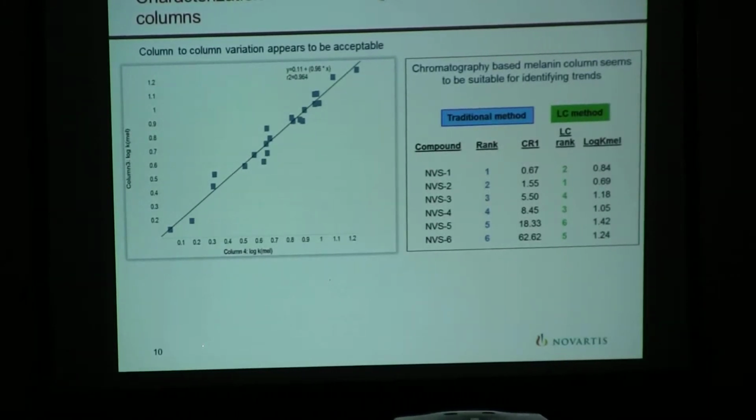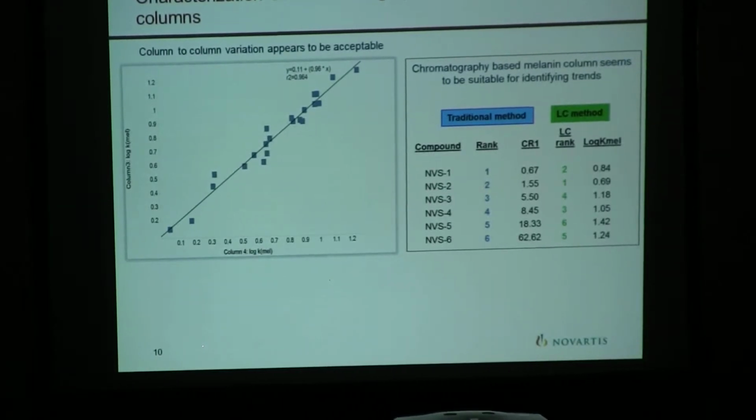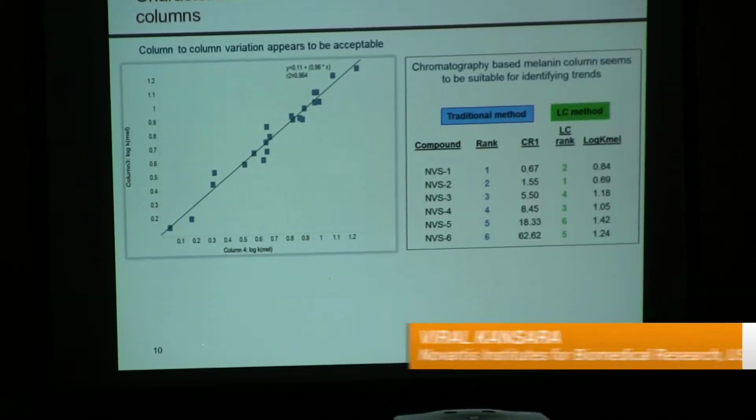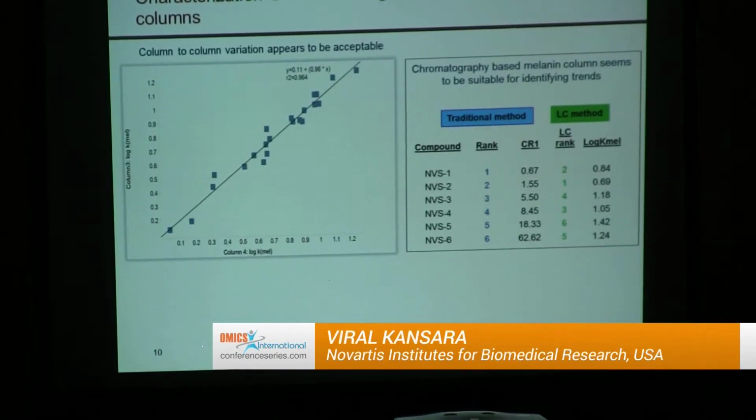And the data on the right here, we wanted to compare this high throughput technique with the more traditional way of running the melanin binding assay, shown in blue here. Basically, the traditional method is a simple equilibrium method that we do for plasma binding as well, but that is a time consuming process. It takes lots of material.